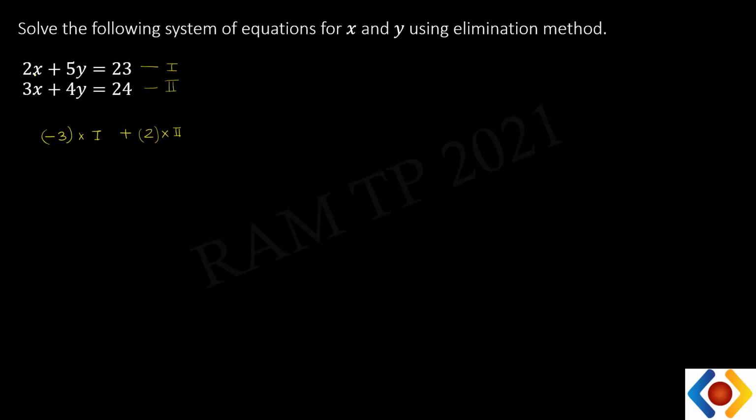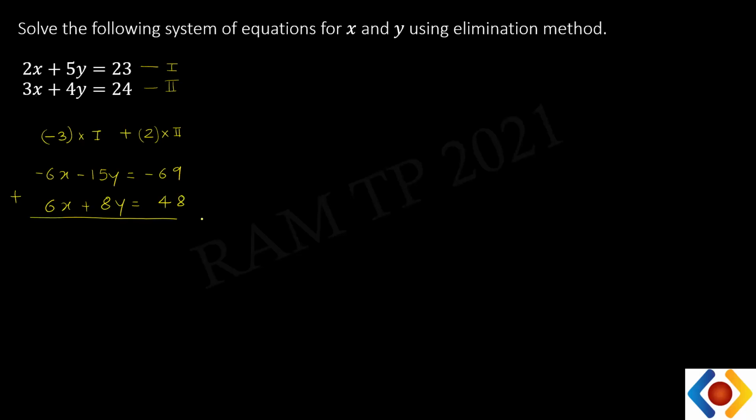Okay, now if I multiply this by -3, -3 into the first equation: -6x, -15y, -69. Second equation, we are adding these two. Second equation I'm multiplying by 2. So 6x, 8y, 48.